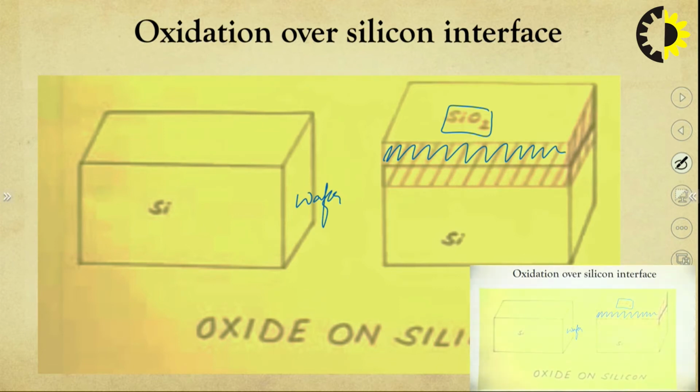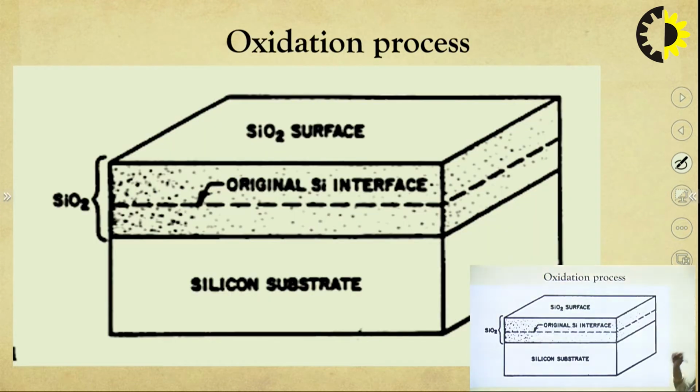Silicon is added only at the top of the portion and it is diffused on its own. We can see that it has entered into the lattice on its own. So, this is how we can have the presence of silicon dioxide on the top of the wafer. Oxidation process.